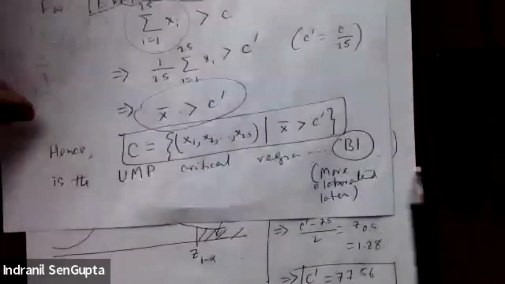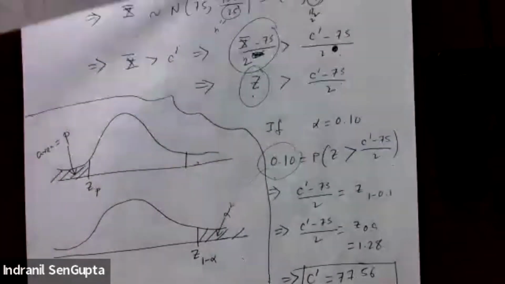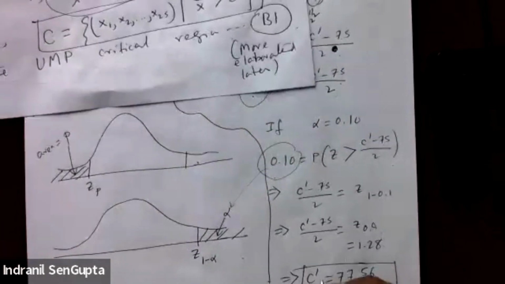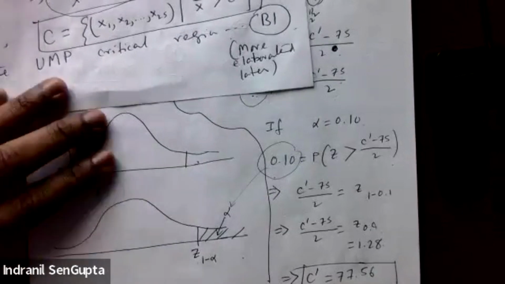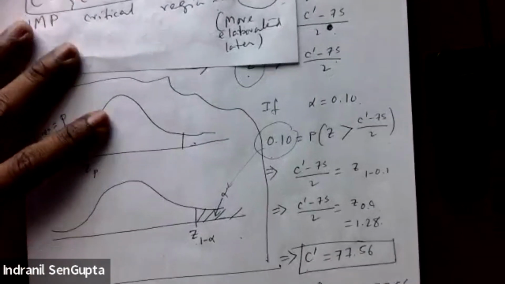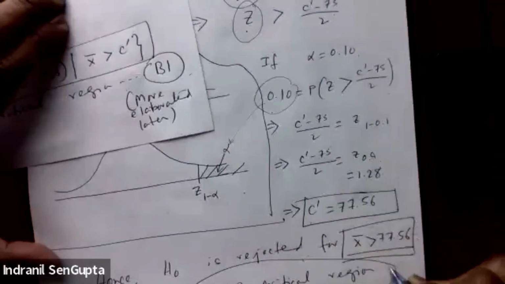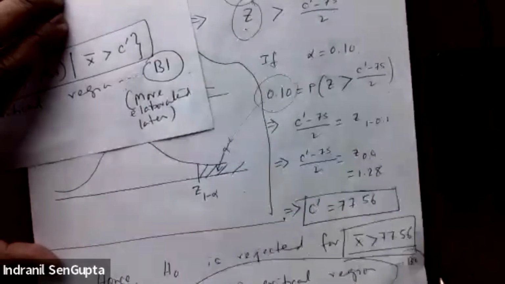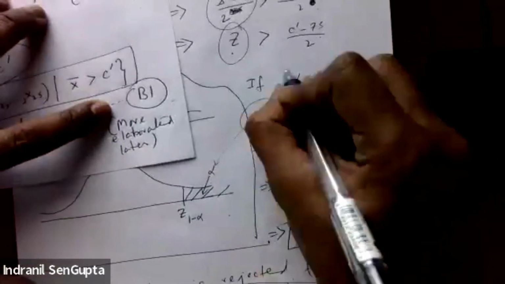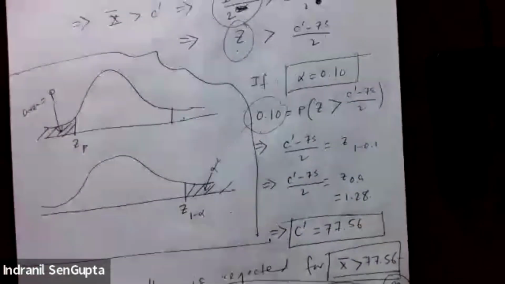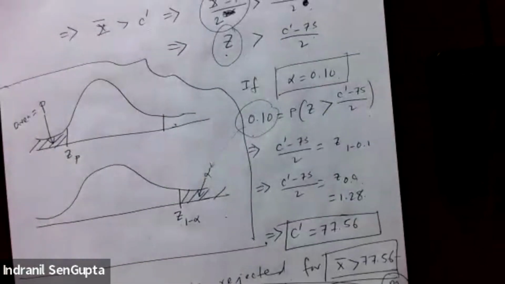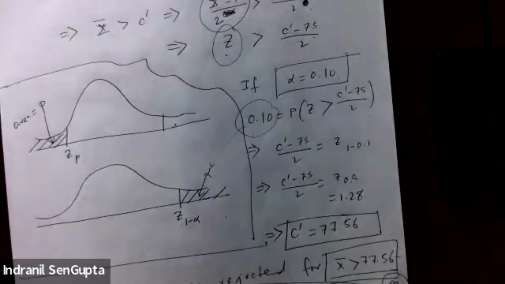We found that if we specify the level of significance, alpha equals 0.10, then this one, let's call this B2, has a definite level of significance with it. So these are two ways of understanding the uniformly most powerful test in this case.